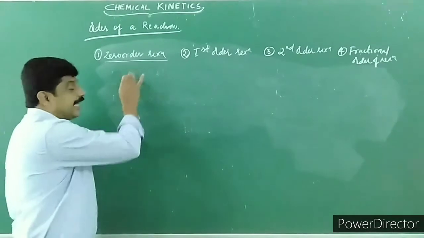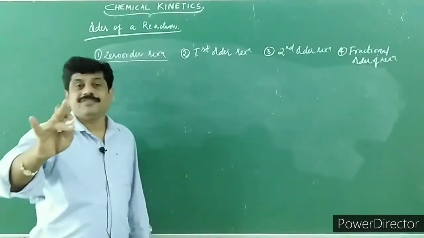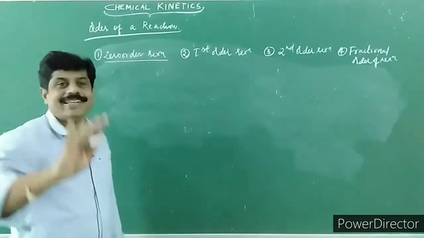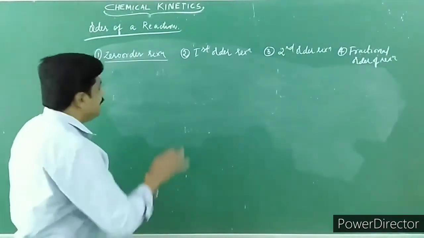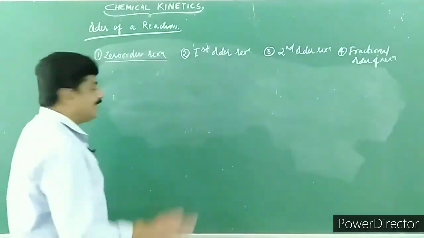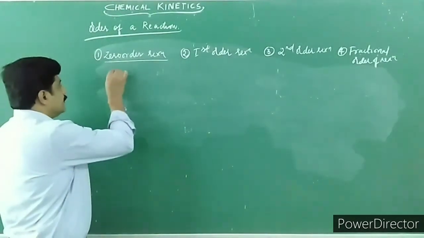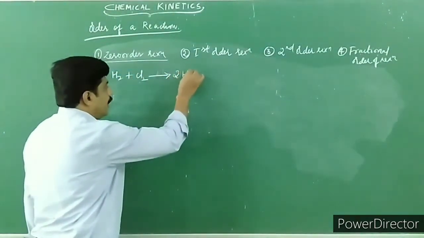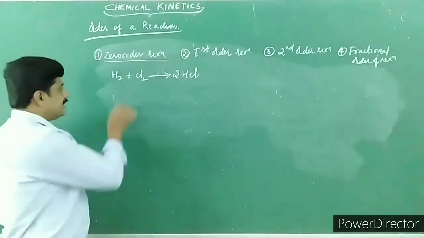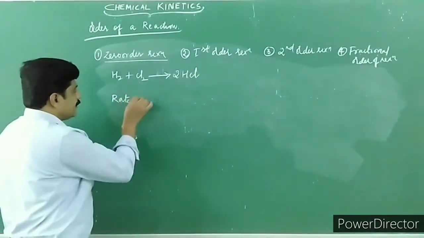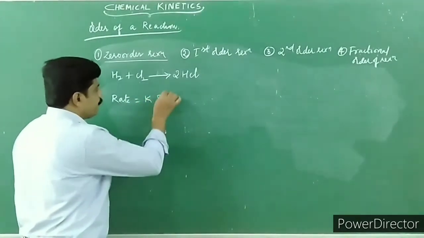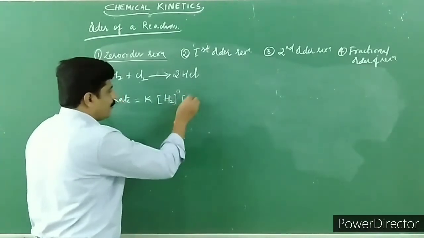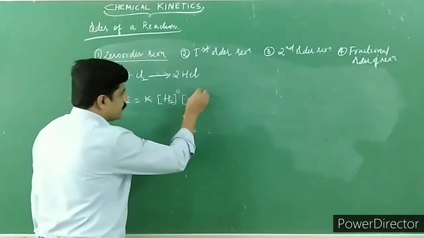Children, remember, in case of a zero order reaction, the rate of the reaction is independent of the initial concentration of reactants. So that is why rate is equal to rate constant. Let me quote an example. Look at here, please. Hydrogen, chlorine to form hydrogen chloride. Children, in this case, rate is equal to K into molar concentration of hydrogen raised to 0, molar concentration of chlorine raised to 0.